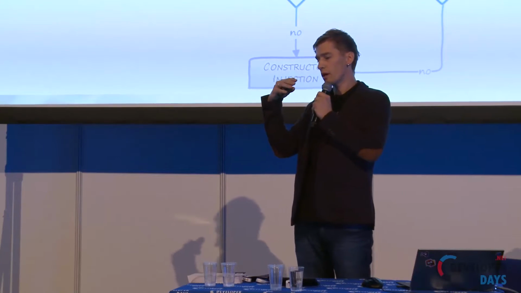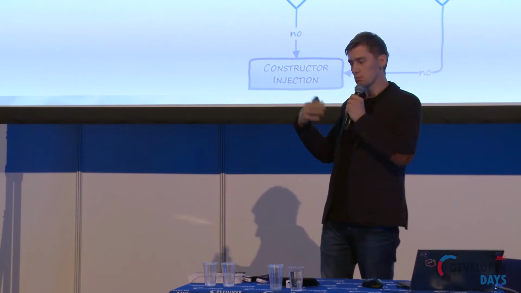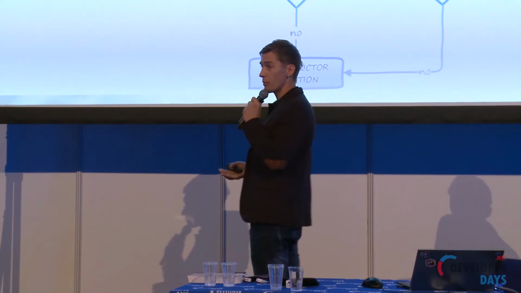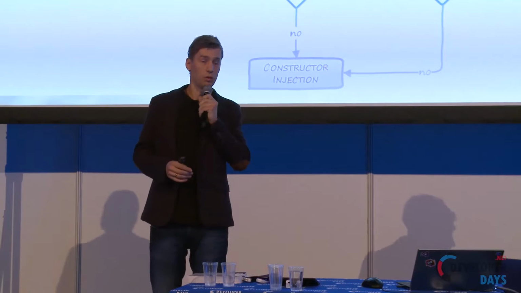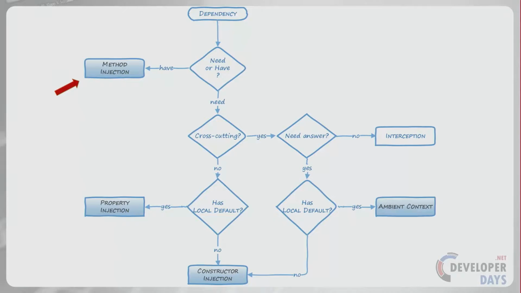Is there something that I can assume by myself, that I might not be getting that dependency, but I do have my own implementation, the pattern called the local default? If you do have, then you go for property injection. If you don't have that local default, you go for constructor injection.